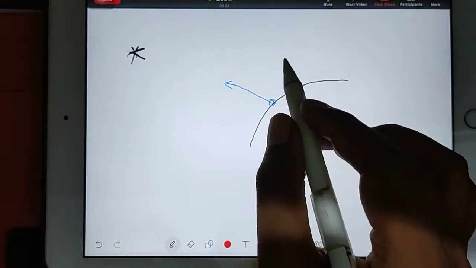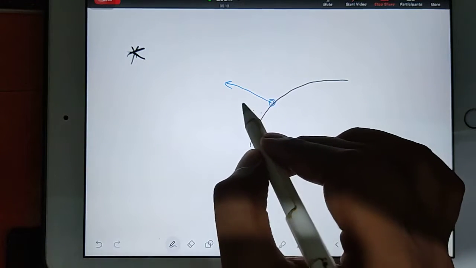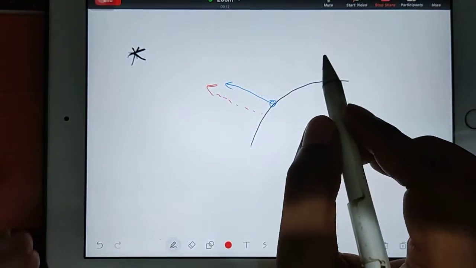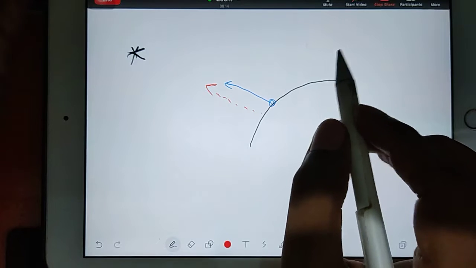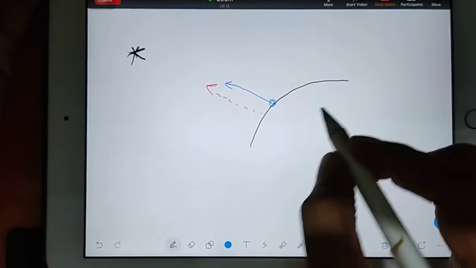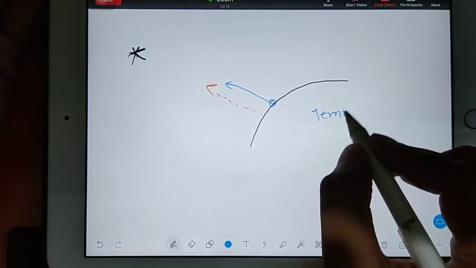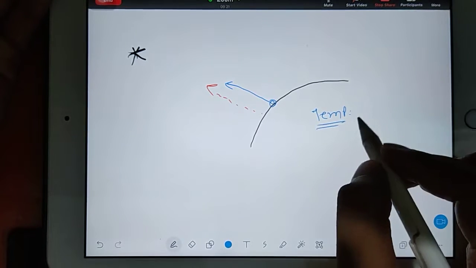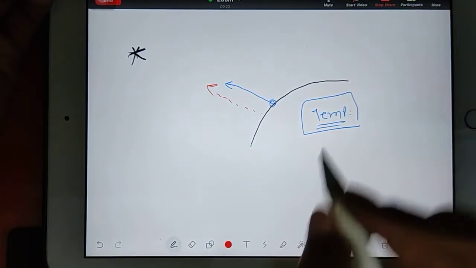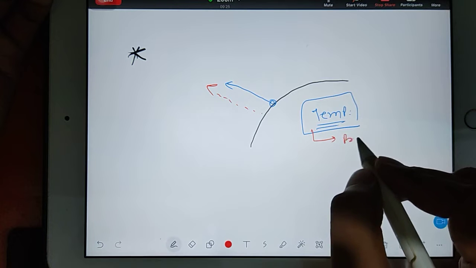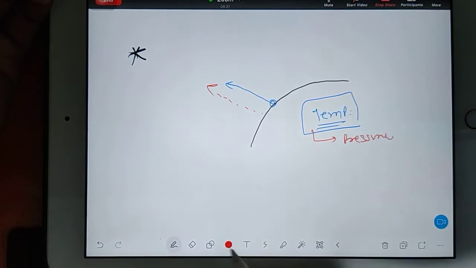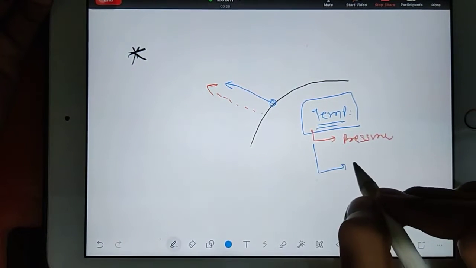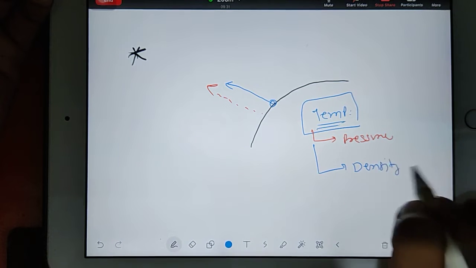Mostly people will say that temperature will increase because you are going towards the sun. But this is not the reality. Why? Because temperature in the atmosphere depends on two major factors: the pressure of the atmosphere, and the density of the atmosphere.